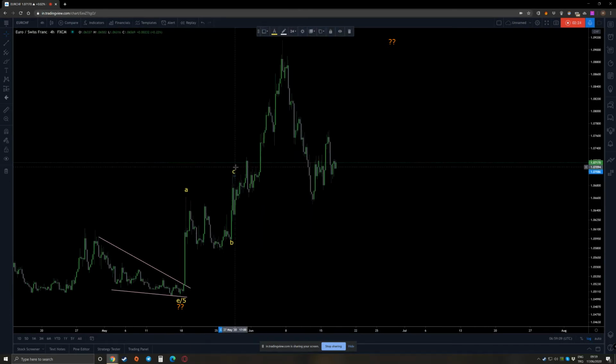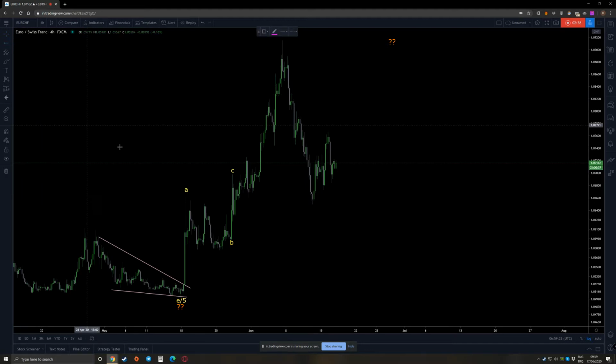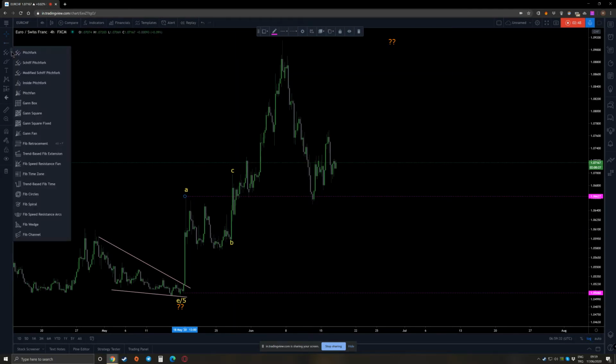Now this move is a zigzag. Why is it a zigzag? Well, simple, and you should always do it. I know if you've been watching my videos, maybe it will get a little bit boring, but it is a discipline that will help you in these situations. Now look, where did this move end? Let's say somewhere here. When did this move end? In here. Now what is the retracement level for wave B?